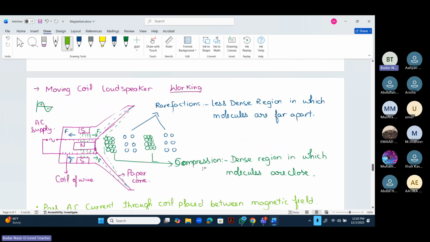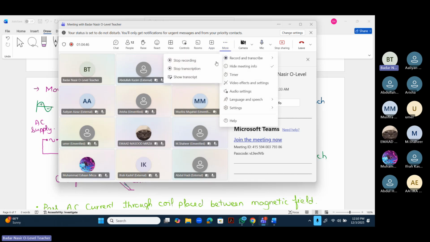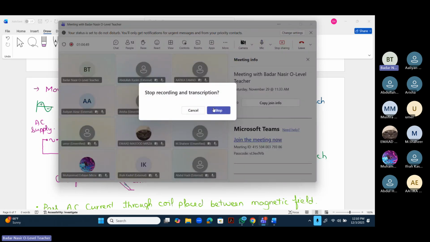Compression is a dense region in which molecules are close. Rarefaction is a less dense region in which molecules are far apart. So I hope it's clear to everyone. If you have any confusion, beta, please feel free to ask.